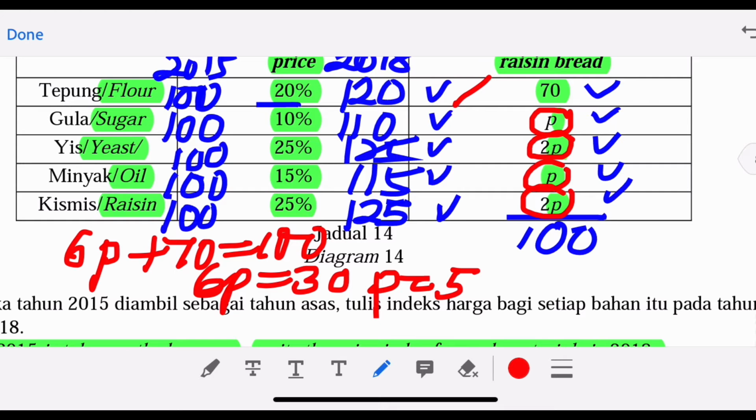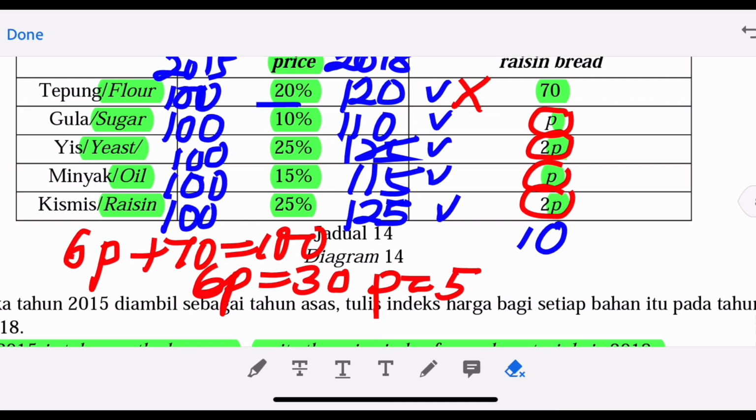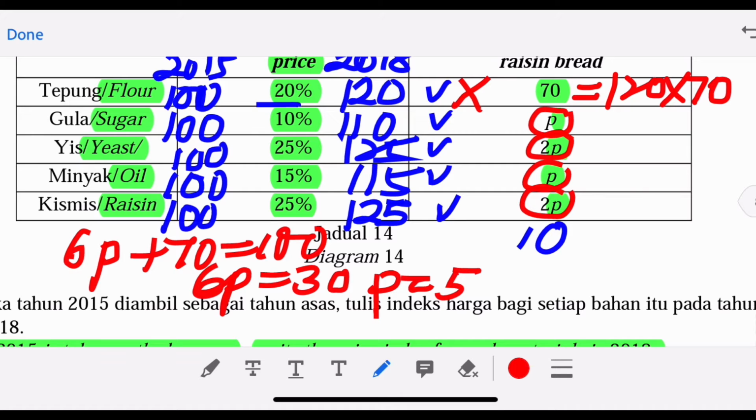So we will take 120 times 70 for the composite index. We will multiply 120 times 70, and then add 110 times 5, and 125 times 10, because P is 5, right? 2 times 5 is 10.